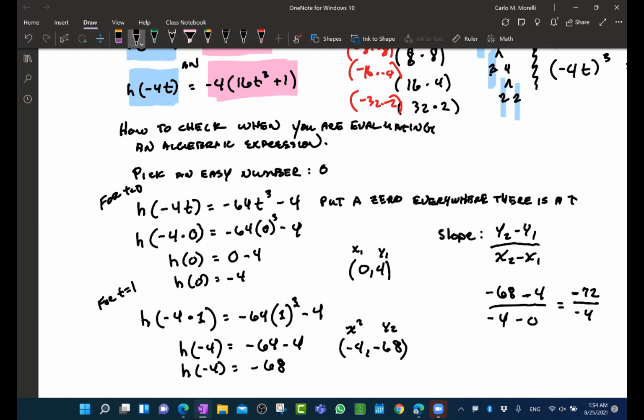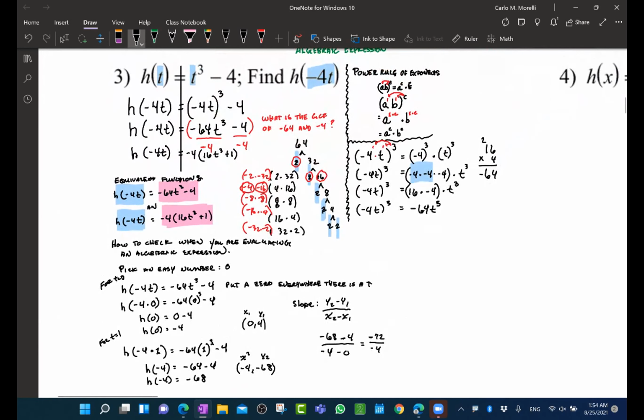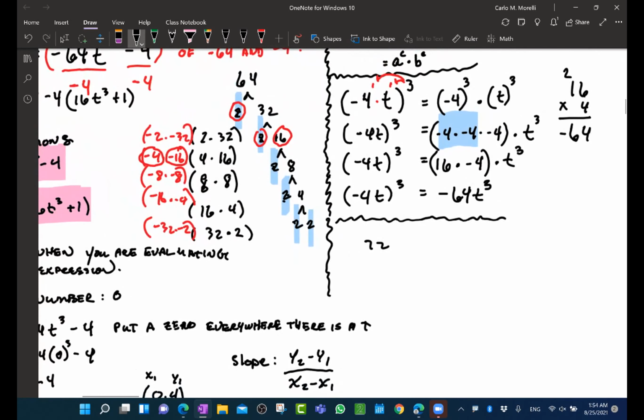And is 72 divisible by 4? I don't know. Let's try. Let's try doing 72 divided by 4. 4 goes into 7 one time, and that leaves 3. And then we have 32, so it's 18.